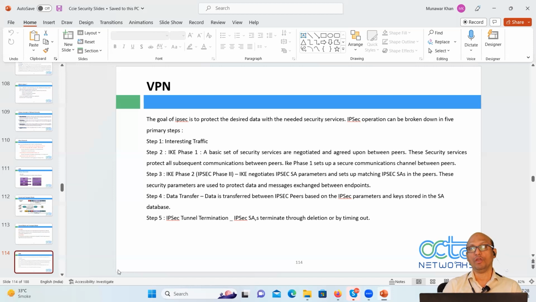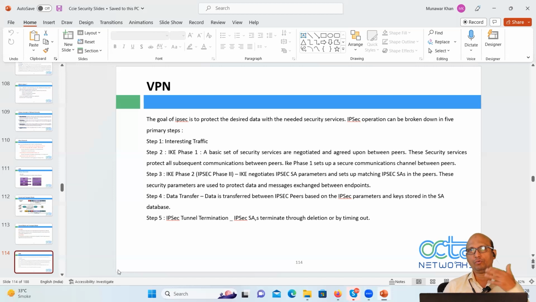And I told you, VPN is not only supported on routers, it is supported on firewalls also. Not only ASA, all the next generation firewalls like FTD also support site-to-site VPN. So routers support site-to-site VPN, ASA supports it, FTD supports it. All of them support site-to-site VPN.